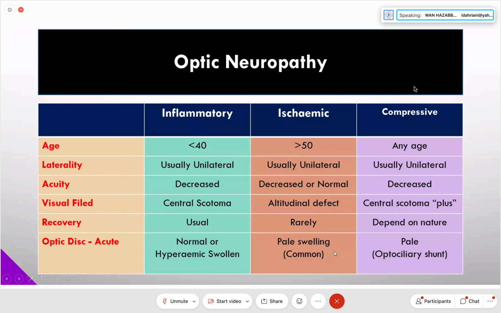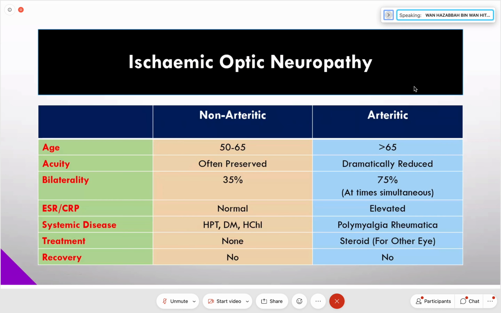Okay, so the rest we have already discussed about the inflammatory one. Compressive depends on the condition. We are not going to look very detailed into this, but it's interesting to compare between the non-arthritic and arthritic AION. The age of presentation that I told you just now is a little bit younger in non-arthritic.